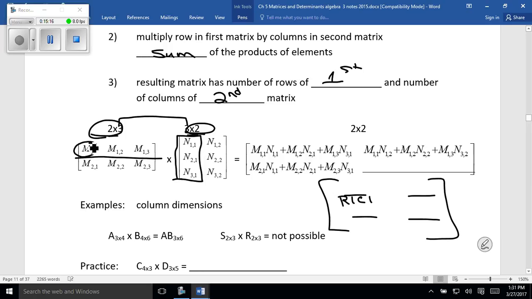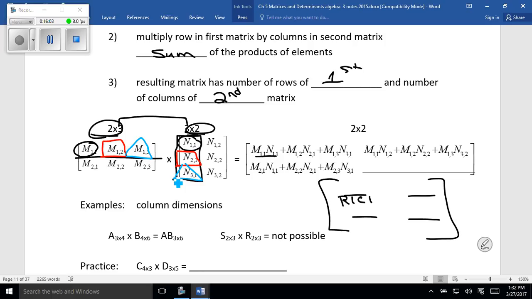So you have to take first times first, that's where this came from, plus second times second, so this one times this one, plus third times third. And you add those up. And that's your first answer.